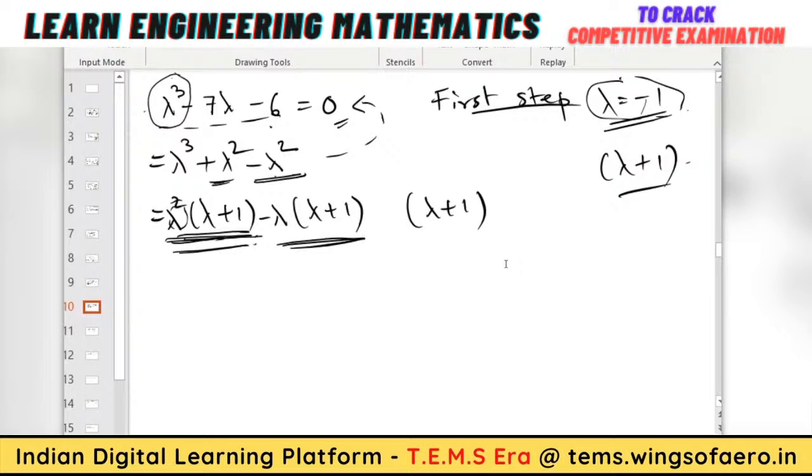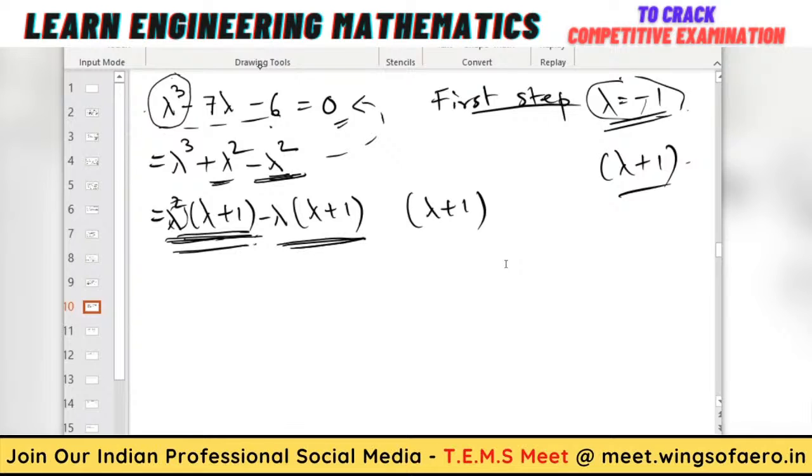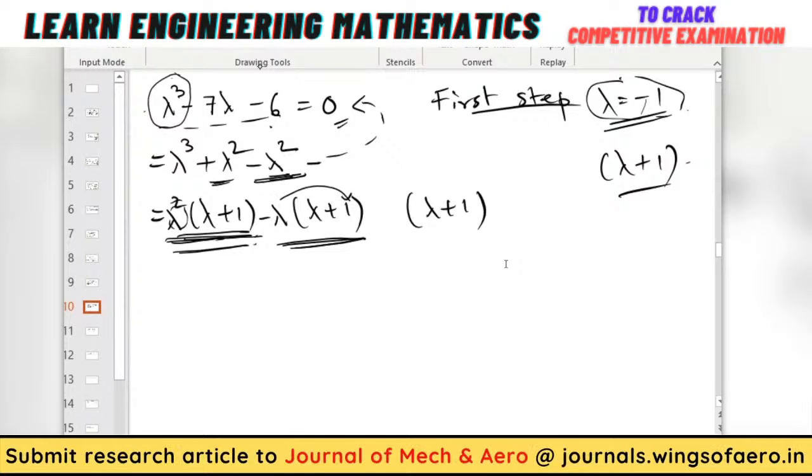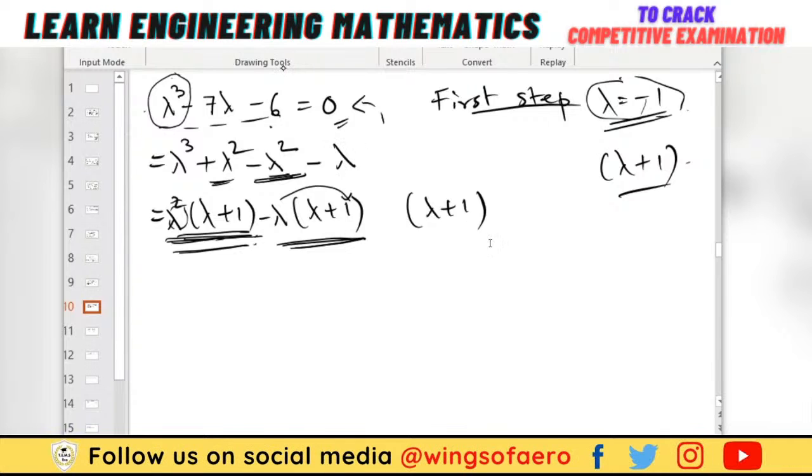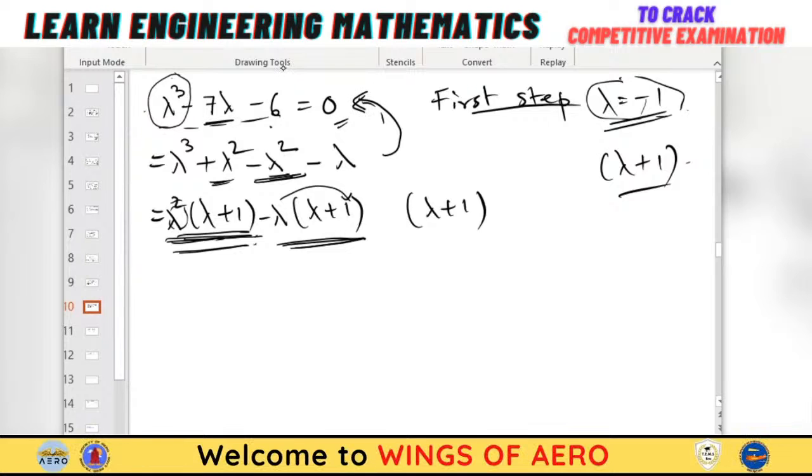Minus lambda. So already minus lambda square. Now multiply the whole term. So already you have the minus lambda square. So now if you multiply this one, minus lambda, exactly. Minus lambda. Now again go to this equation where it is minus 7 lambda. But in the second case you are writing minus lambda.